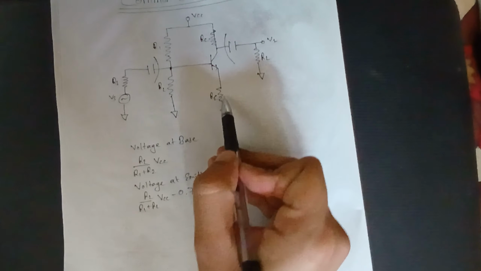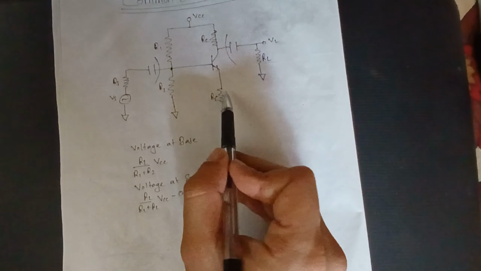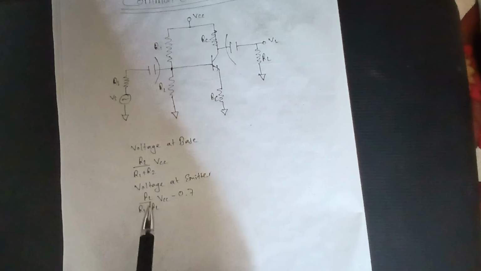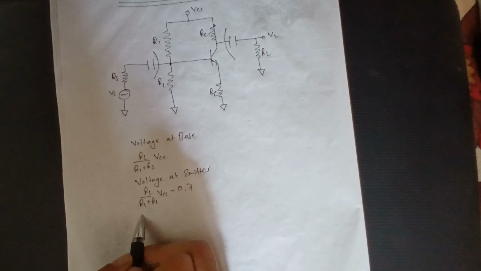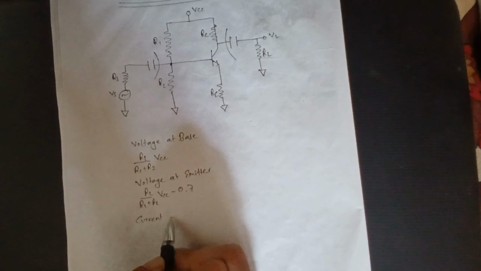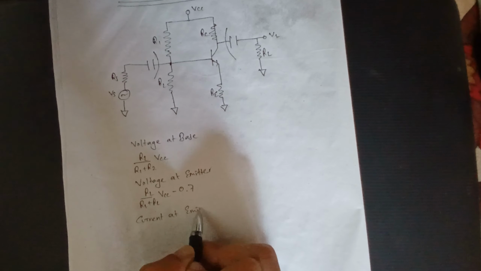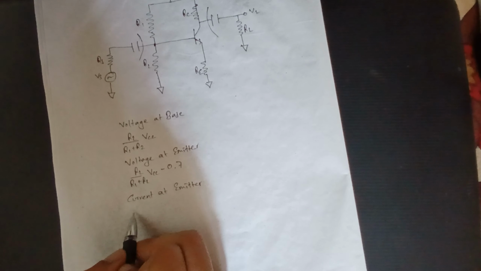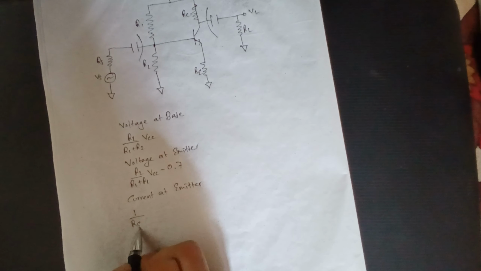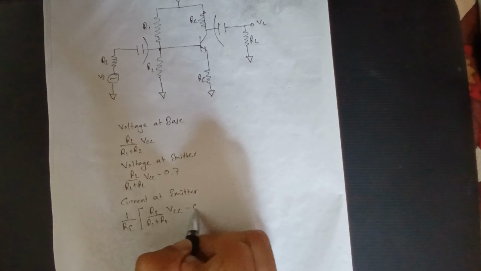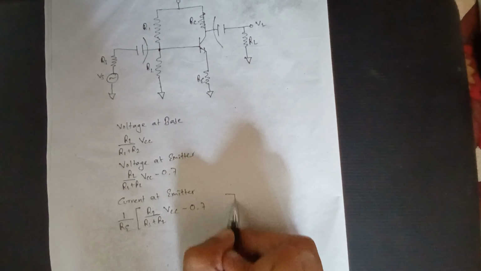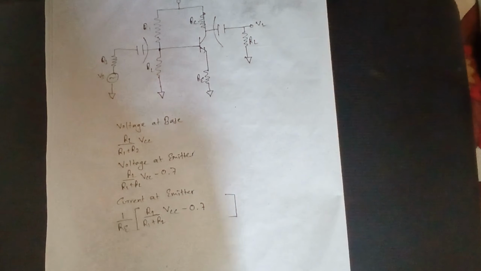We have RE here, so we can easily calculate the emitter current from this voltage, which is simply V by R. So current at emitter is simply 1 by RE times the voltage at emitter, which is R2 by R1 plus R2 times VCC minus 0.7. I'm leaving a little gap here to account for the AC source later on.